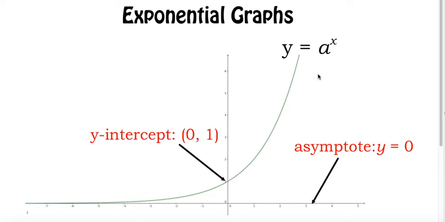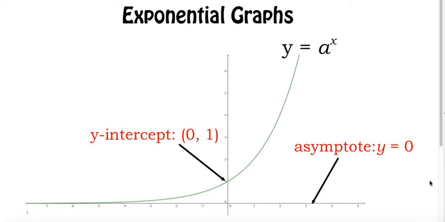Now this will change as soon as you add different parameters to your function, so this is not always the case. As soon as you start moving this graph up and down, sideways, as soon as you do some sort of stretch, that y-intercept will change. So that's your basic parent function that you should already know.